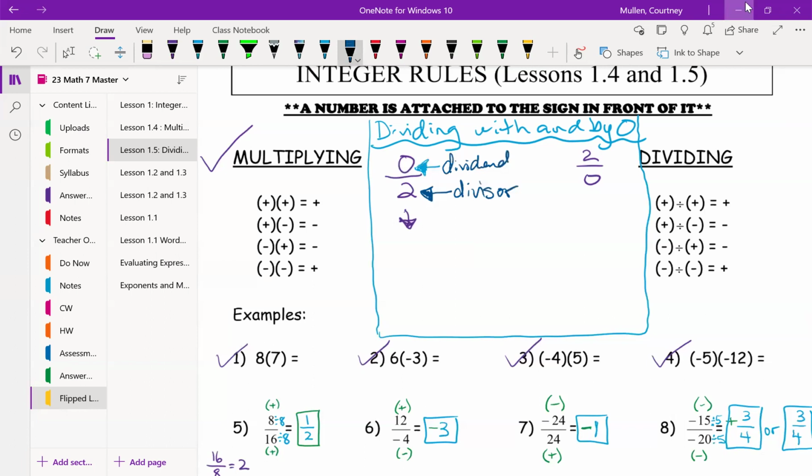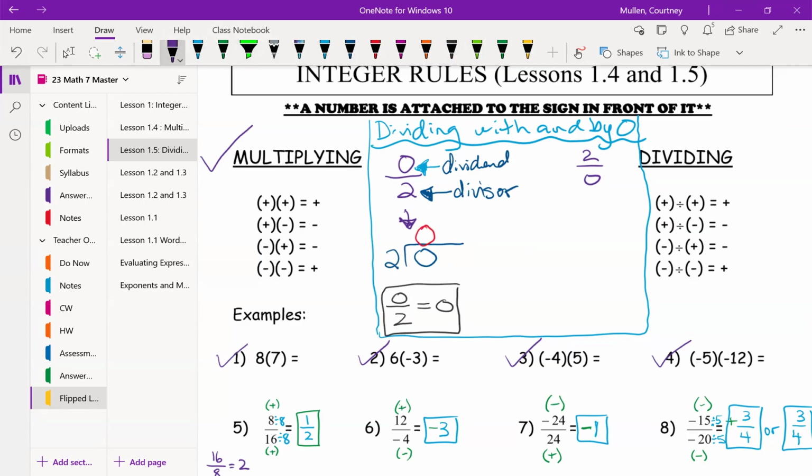When we divide with long division, the divisor goes outside the box and the dividend goes inside the box. So if we were to do this with long division, 2 goes into 0 how many times? Or what times 2 gets you 0? Well, it's 0, isn't it? So we know that 0 divided by 2, its quotient is 0.